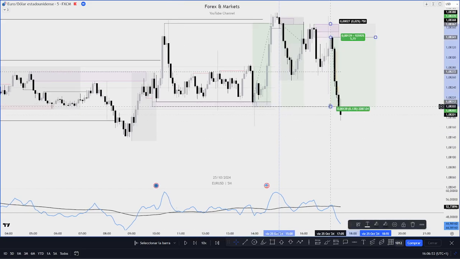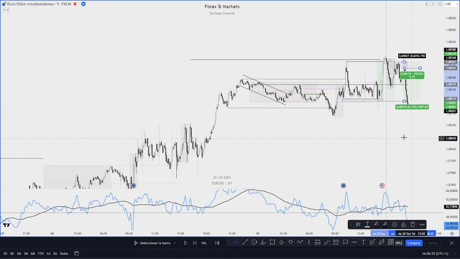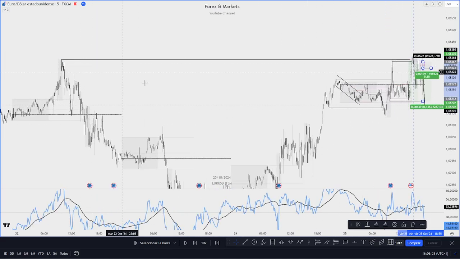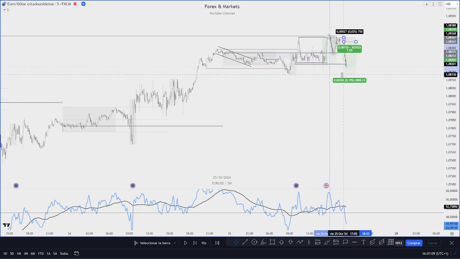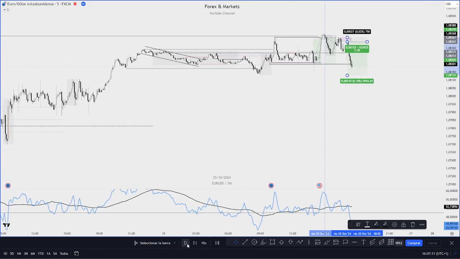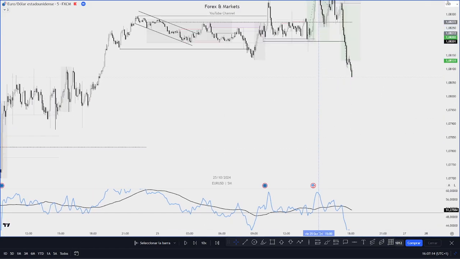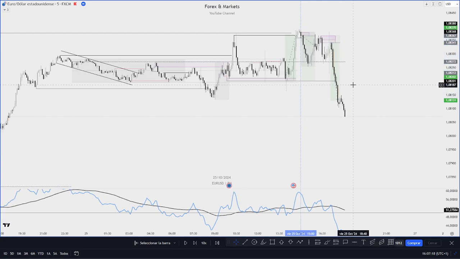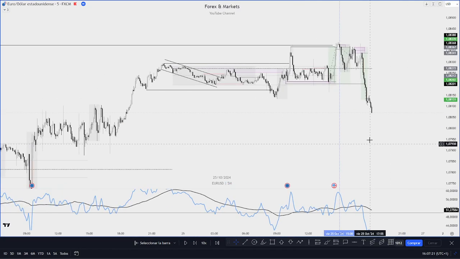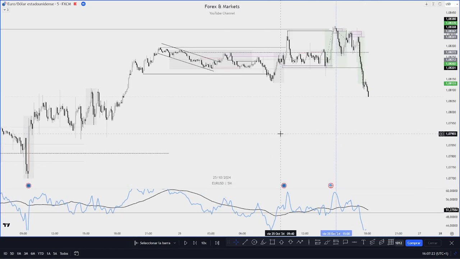Okay, as you can see, we took relevant liquidity, and from the previous day we had a really bullish push, so maybe we could target here instead, and the price smashes through it like nothing. Okay, so this would be the price action of the 25th of October for the Euro USD.